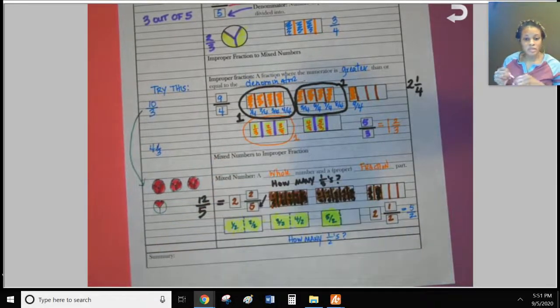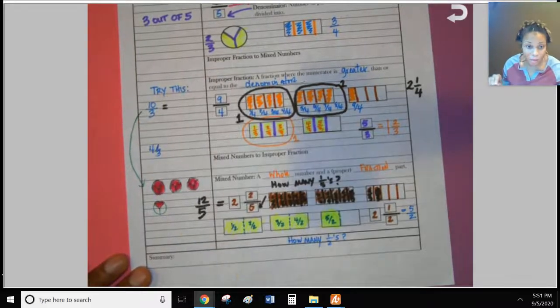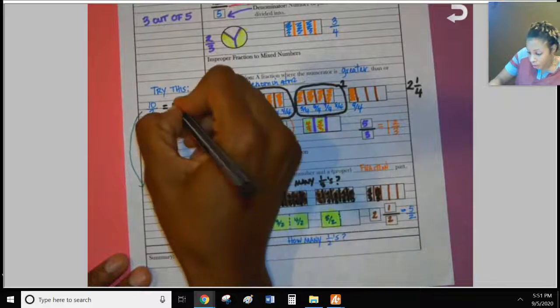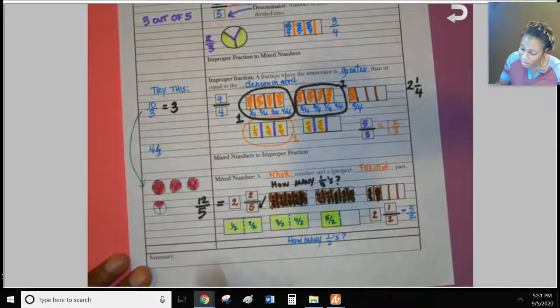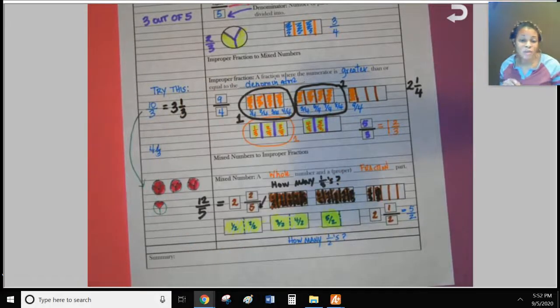So this is what 10 thirds could look like. You could have used a square and broken it into thirds. Same concept. So what is 10 thirds as a mixed number? How many wholes do you see? 1, 2, 3. So I see 3 whole pieces shaded, and I see 1 out of 3 shaded. So 10 thirds is the same as 3 and 1/3. I hope you got that right.